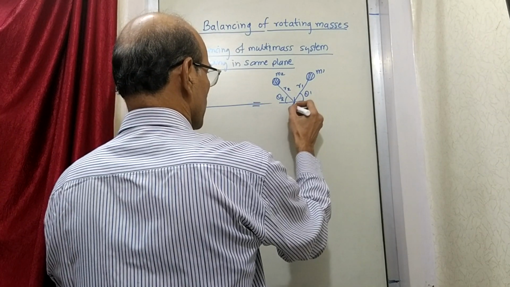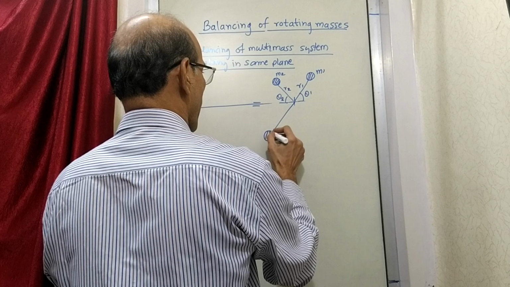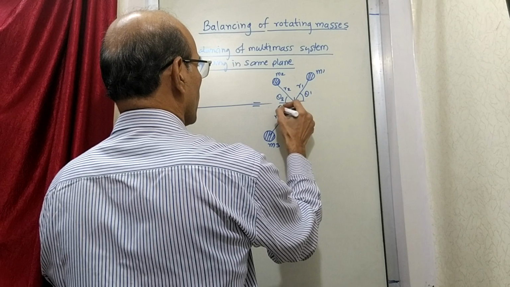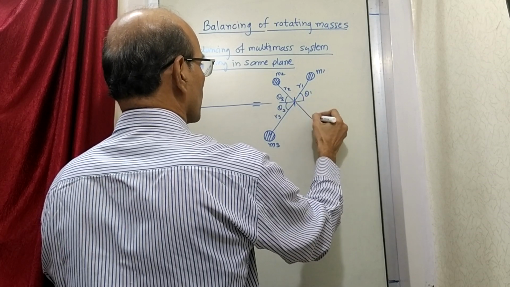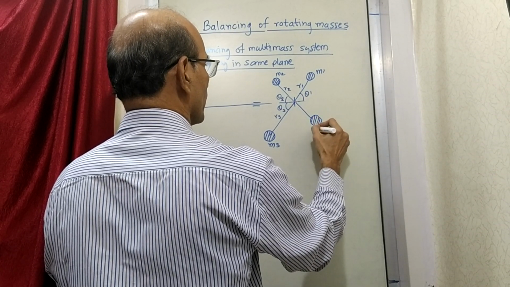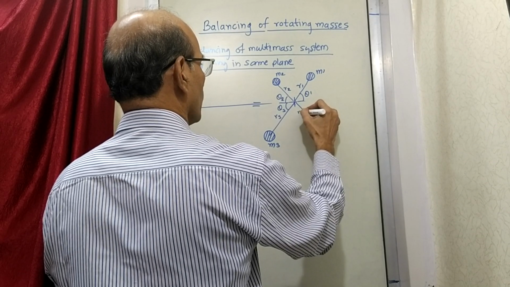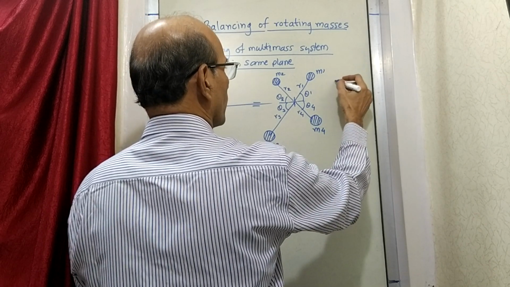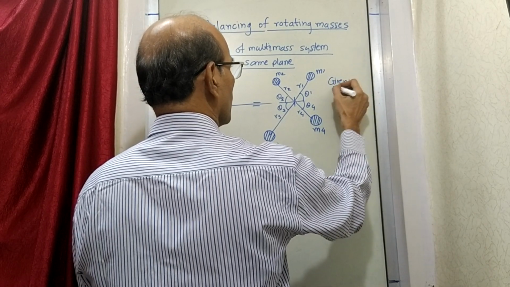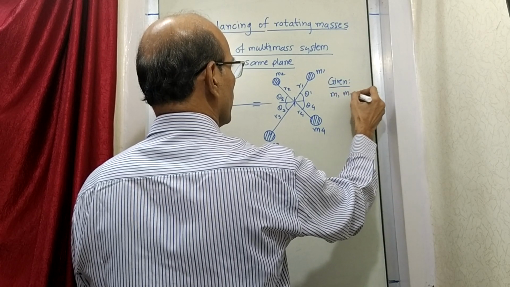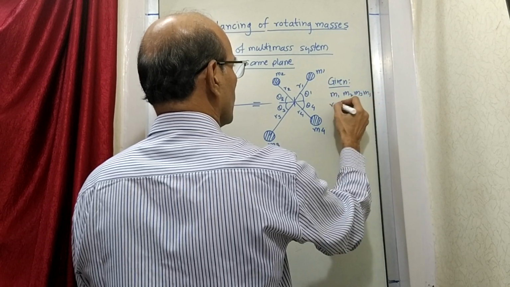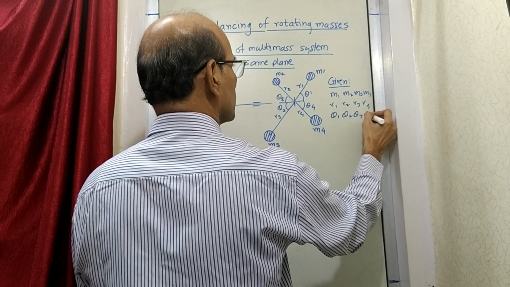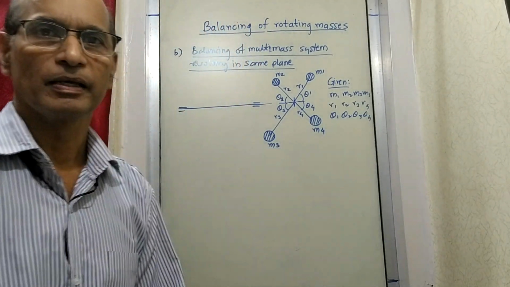Then there is another mass here, M3, R3, making angle theta 3, and here there is another mass, M4, R4, at an angle of theta 4. So you are given M1, M2, M3, M4, R1, R2, R3, R4, theta 1, theta 2, theta 3, theta 4. All these things are given.